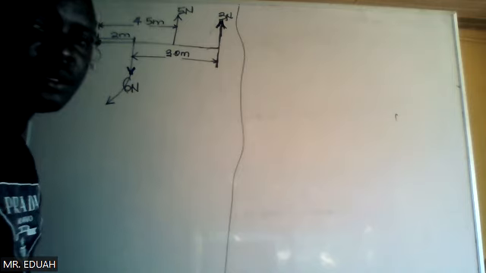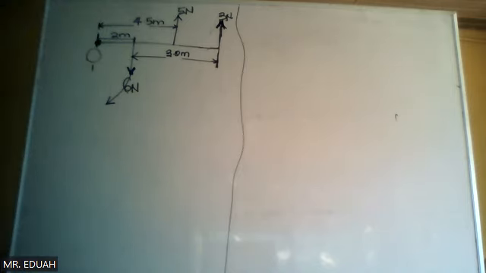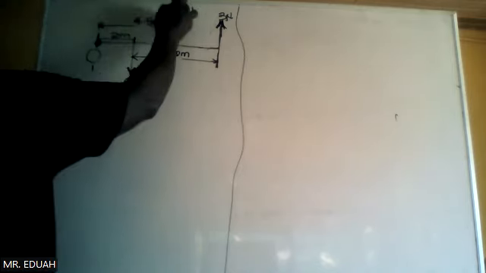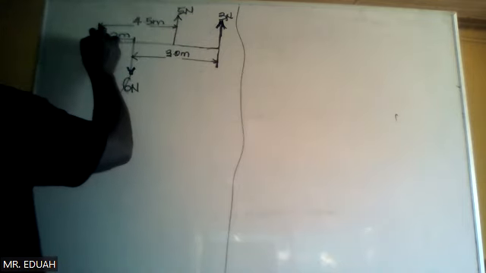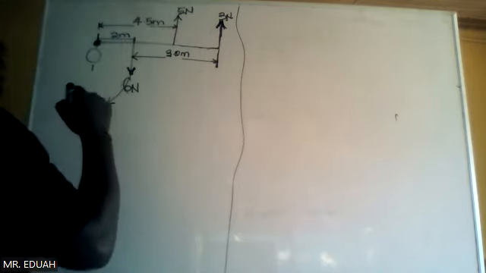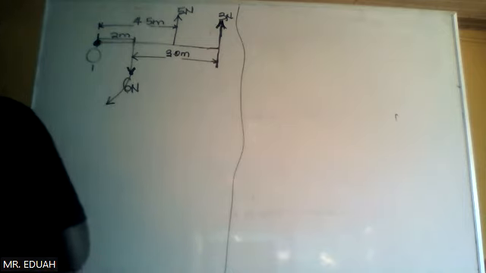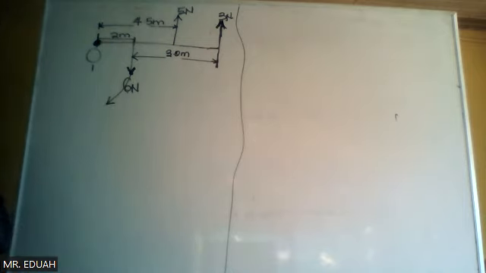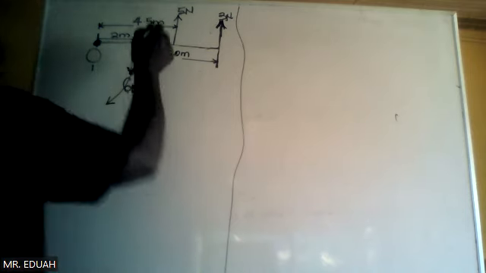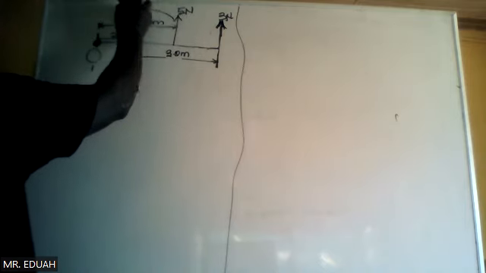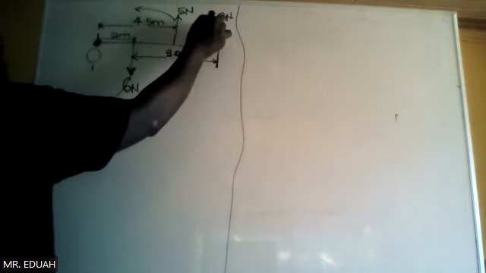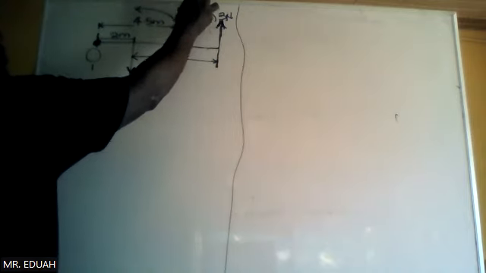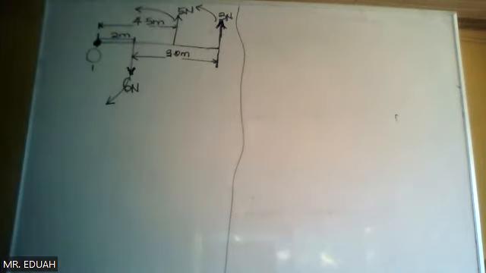Clockwise. So this will give me a clockwise moment. Then the 5 Newton, will it give a clockwise or anti-clockwise moment? Anti-clockwise. So this will also give us anti-clockwise or counterclockwise. This will give us the same. So we have 2 anti-clockwise moments against 1 clockwise moment.